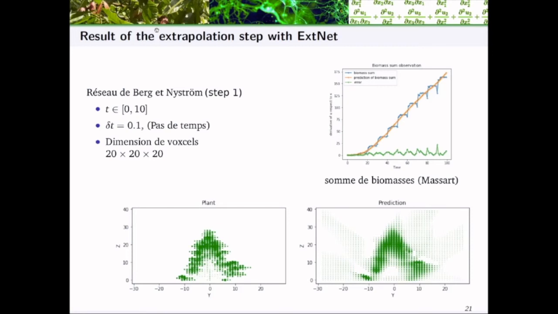Now, the XNet network that we were using, according to what Berg and Nystrom did, gave a very good approximation of the biomass, but only at the first order. You see the orange curve in the top right image really fits the blue curve that traces the real biomass change along the simulated plant.